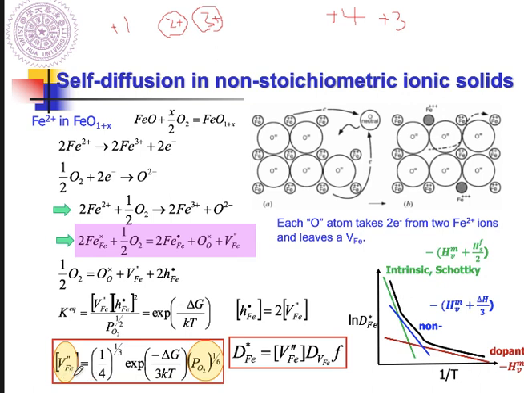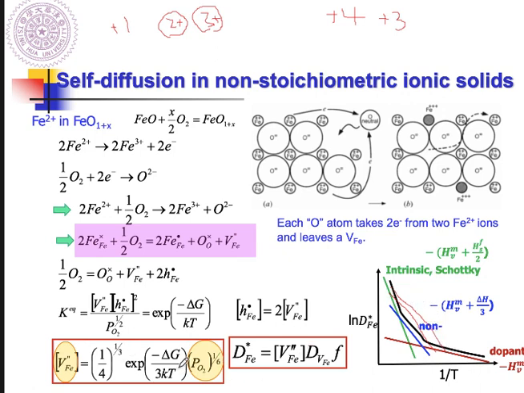You will have a higher vacancy fraction at the iron side, right? This increases and diffusivity will increase. So this blue line, when you try to increase the partial pressure of oxygen, this straight line will move upward, right?